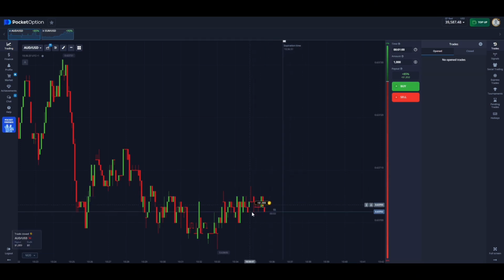Just a couple of seconds short of making a profit on this signal. I think you saw it. At the last moment, I got a return and the price went down. But that happens. I won't get upset.